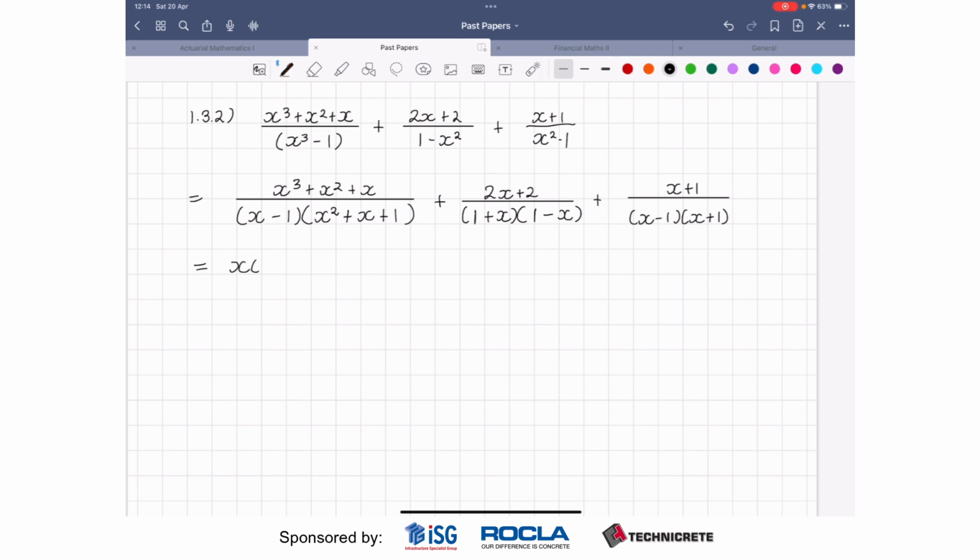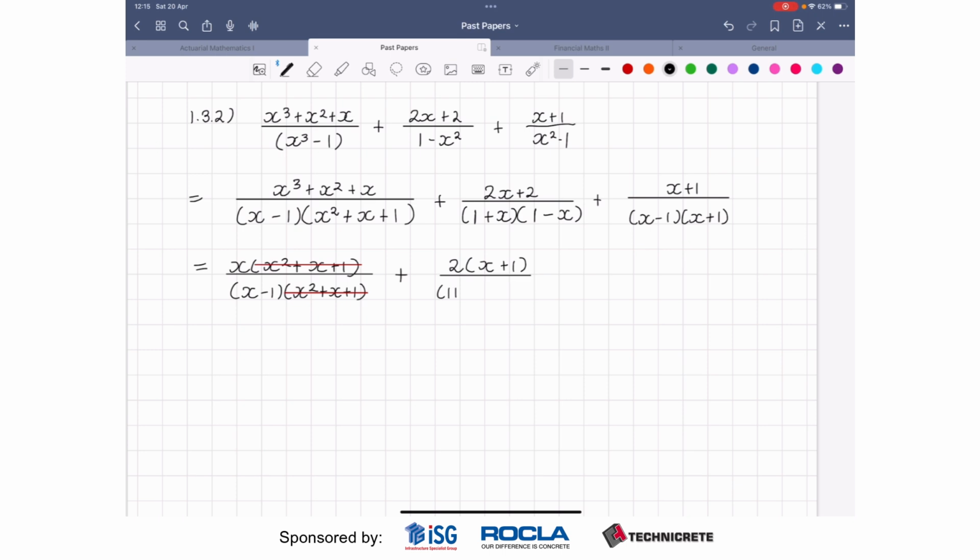So I'm taking out a common x here. And my denominator stays the same. And then these two cancel out. Then for the next one, I took out a common 2. I'm left with x plus 1.